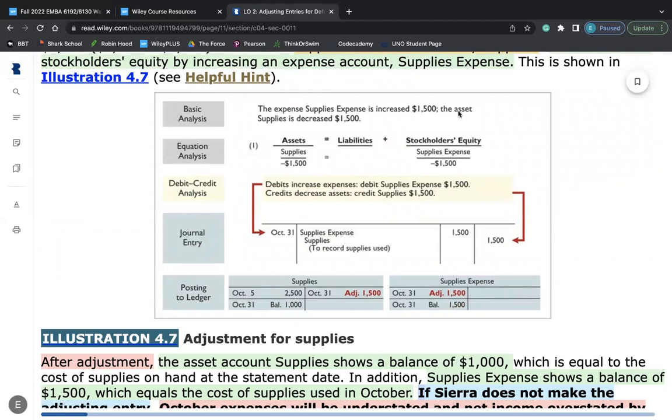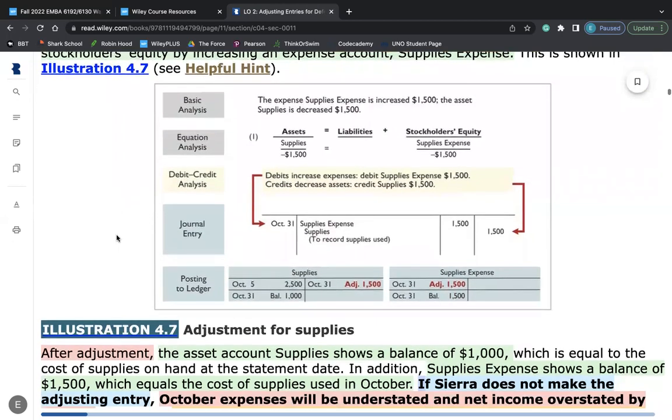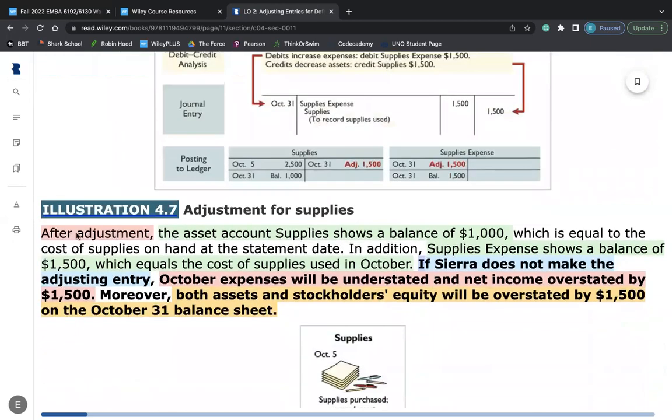To understand what I was saying, this is very important. Kind of memorize this chart. All right. After adjustment, the asset account supplies shows a balance of $1,000, which is equal to the cost of supplies on hand at the statement date. In addition, supplies expense shows a balance of $1,500, which is equal to the cost of supplies used in October.